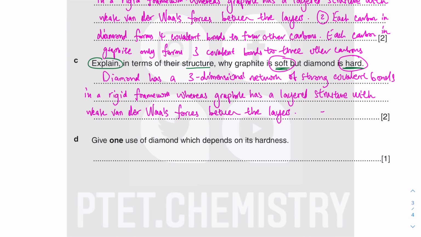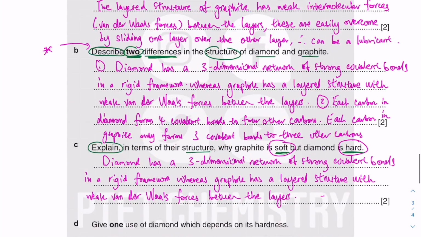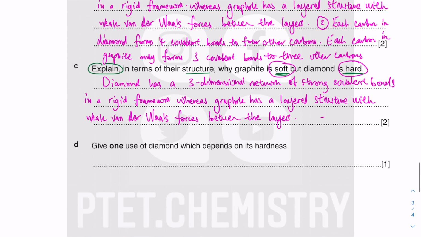Therefore it's very hard, very rigid framework, so it's very hard to compress or whatever. But for graphite, you can compress it, and therefore the layers can slide over each other. That's why it's used as a lubricant, and also it's quite soft because of just overcoming the weak intermolecular forces, which is van der Waals forces between the layered structure. Okay, so that results in the property of diamond being very hard. This results in the property of graphite being very soft.